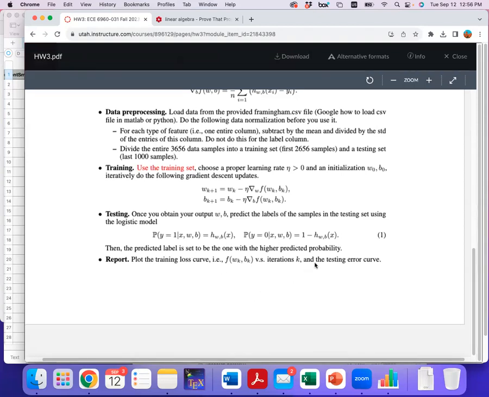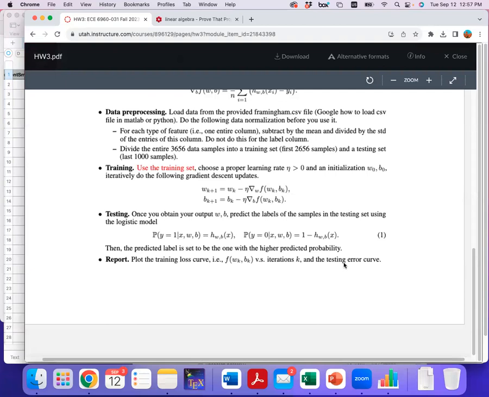And consequently, you can calculate the testing error. You can compare your predicted labels for the testing samples with their underlying true labels, see how many labels you can correctly predict. So that would be the testing error.